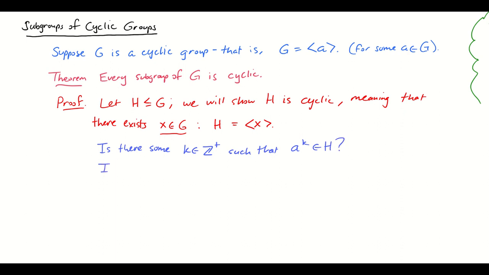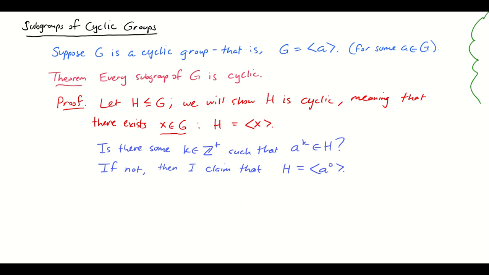Well, I think it's actually possible that there might not be, because what if I had a subgroup consisting only of A to the 0? And that's it. And A to the 0, because A has maybe infinite order, doesn't go by any other name with a positive exponent. So I could have just A to the 0, and there is no such K. So if not, then I claim that H is equal to just this.